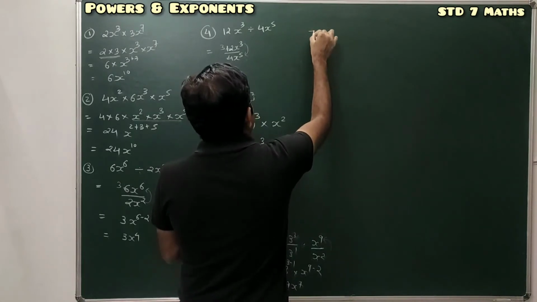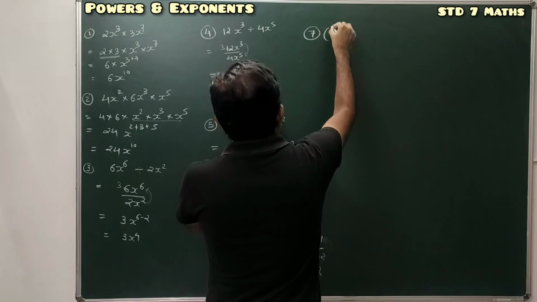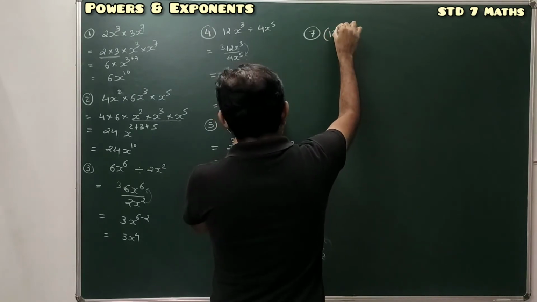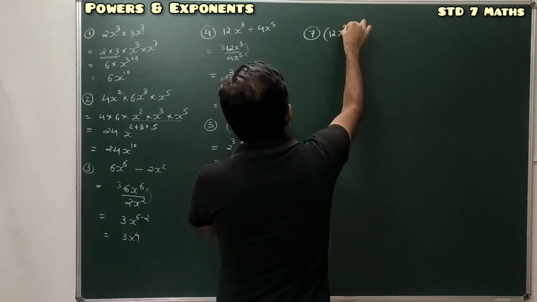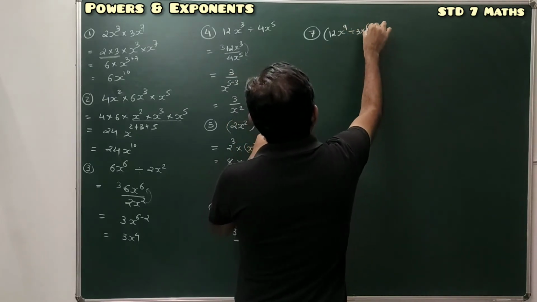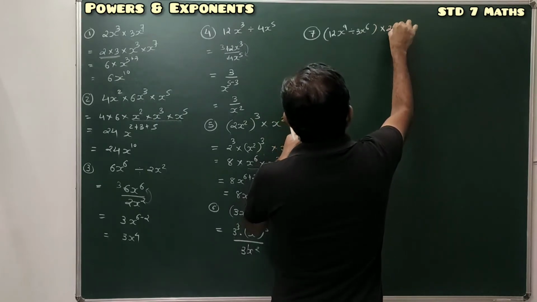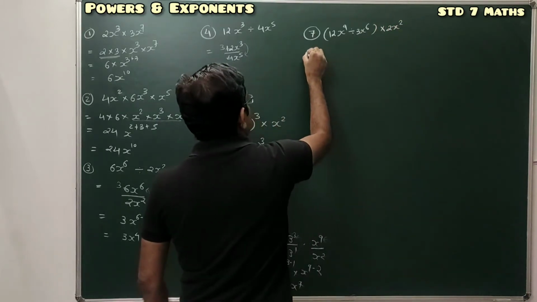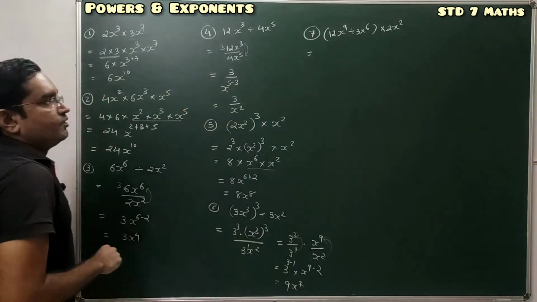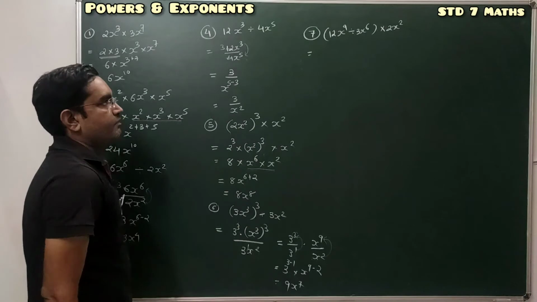So now next one is question number 7. 12x raised to 9 divided by 3x raised to 6 multiplied by 2x square. This is given. So first we have to simplify the bracket, and whenever the bracket is there, first we will simplify that bracket.